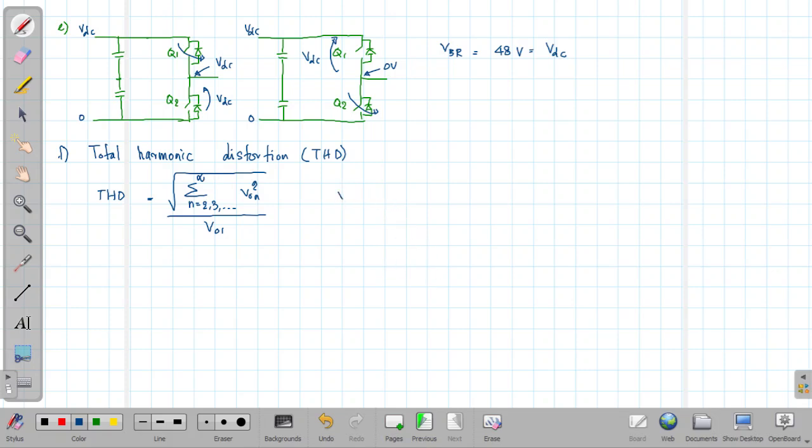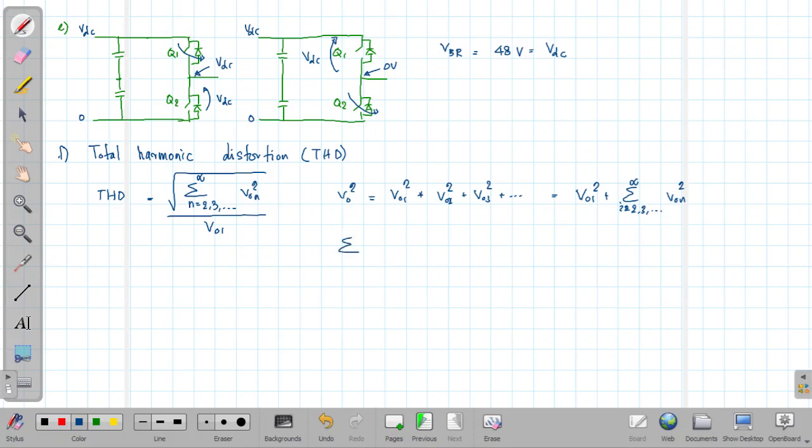When we consider a waveform, we can write the total RMS squared as the addition of the squares of the harmonic components: VO1 squared, VO2 squared, VO3 squared, etc. So we could write VO squared equals VO1 squared plus sigma n going from 2, 3, to infinity of VOn squared. Now this is the component that we need.